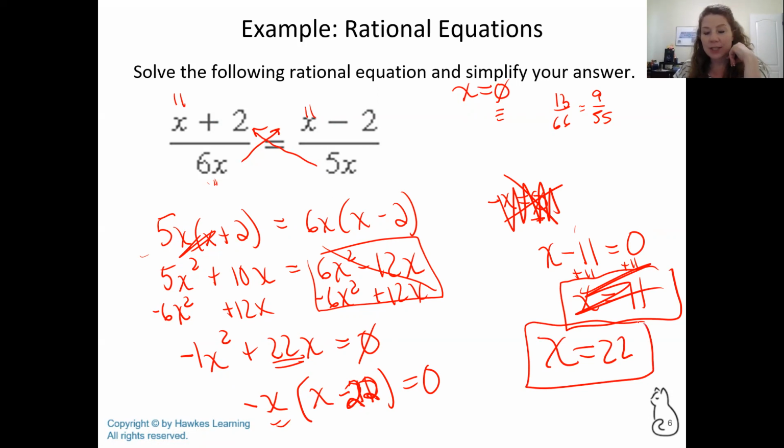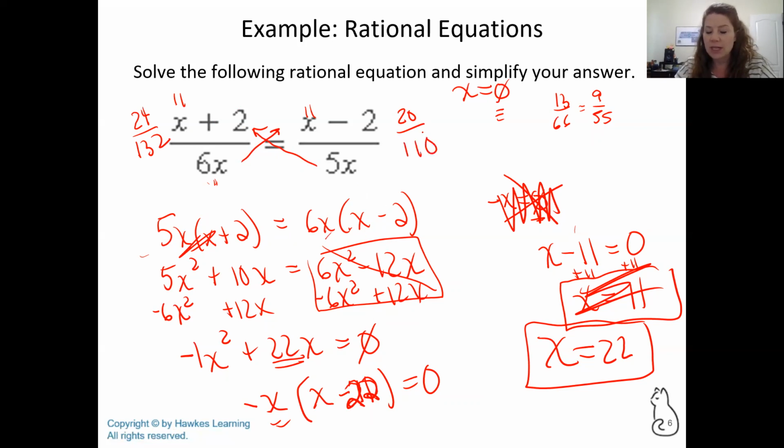I had a suspicion that didn't look right. So let me try it again. All right, so 22 plus 2 is 24 over 6 times 22, which is 132. And then 22 minus 2 is 20, over 5 times 22, which is 110.